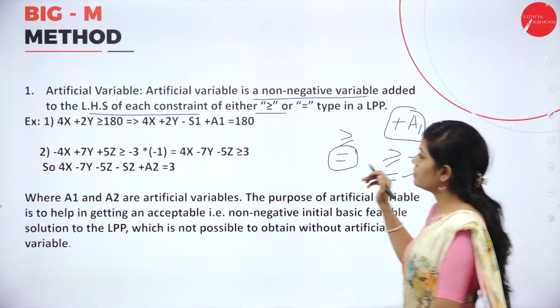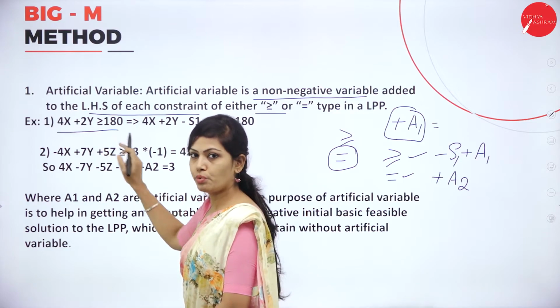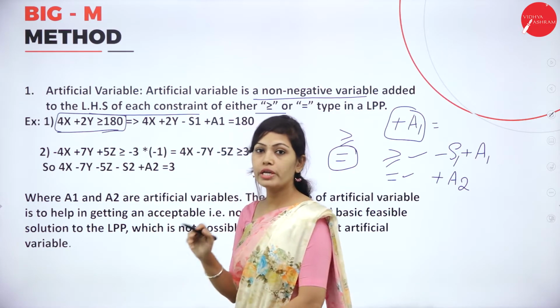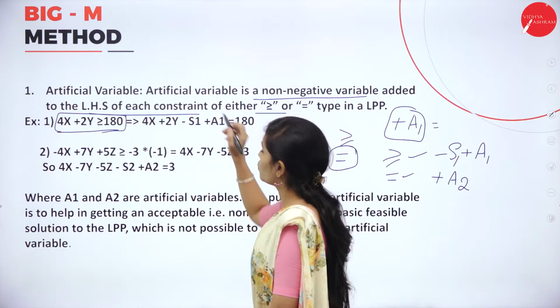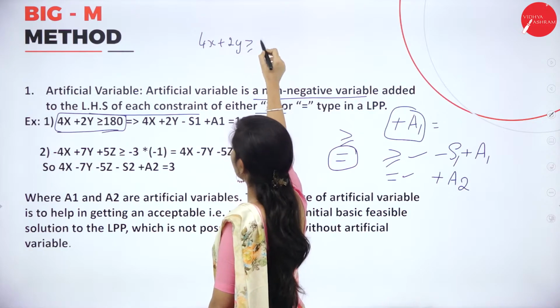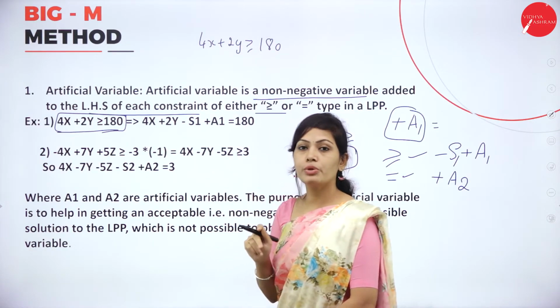Got it? An example: 4x plus 2y is greater than or equal to 180. This is my constraint, 4x plus 2y greater than or equal to 180. Here it is of greater than or equal to type.